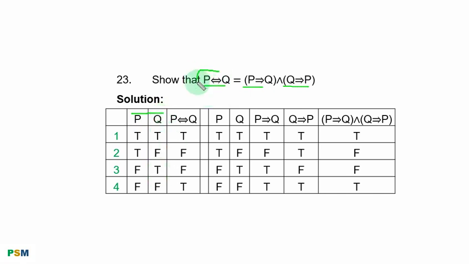First is to get this side. To get this side, the outcome is true when both are true and when both are false. Otherwise, it is false at every other point.